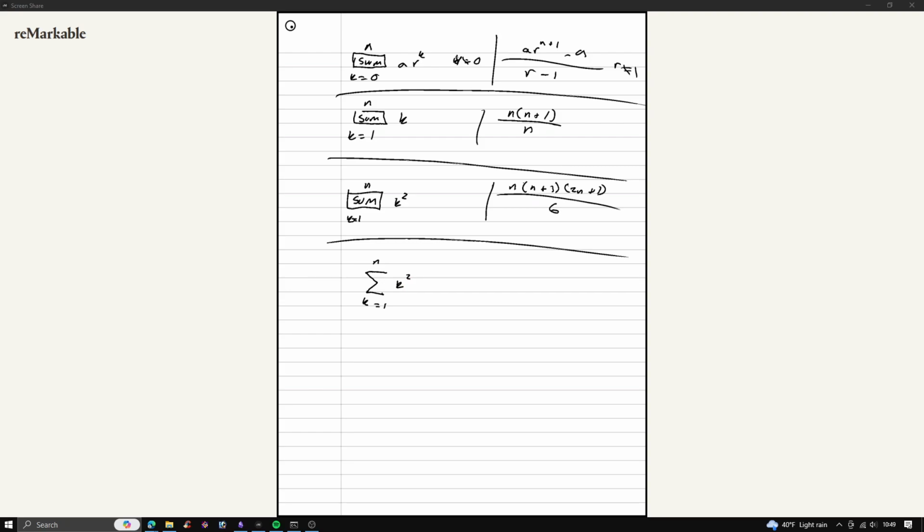And up here I put k is not equal to 0. I was lying. It's r is not equal to 0. My bad. Regardless, we're looking at k cubed now. That's going to be n squared, n plus 1 squared over 4.